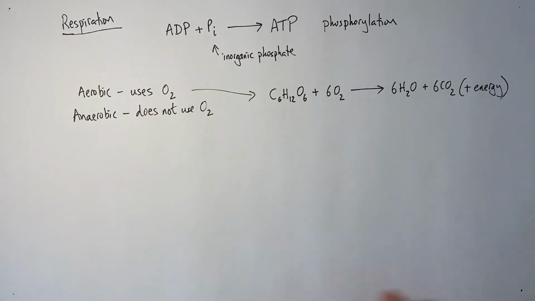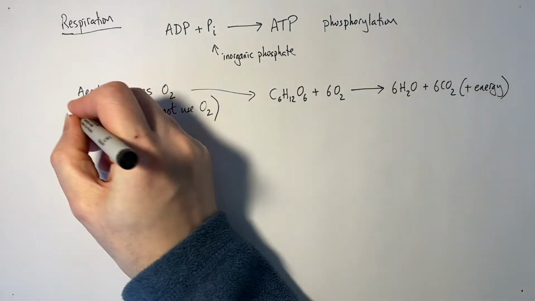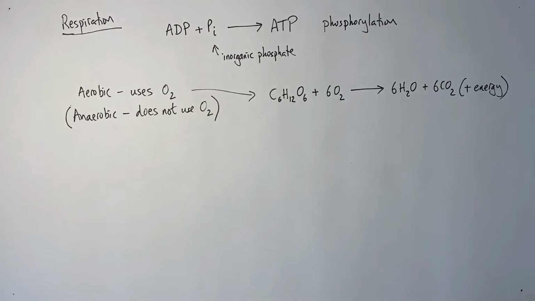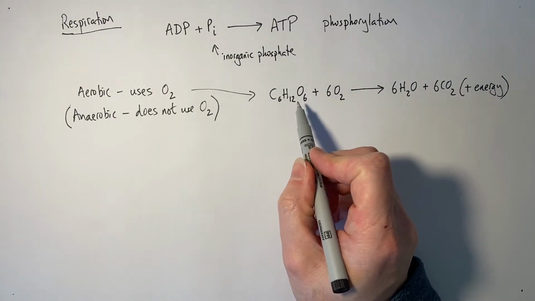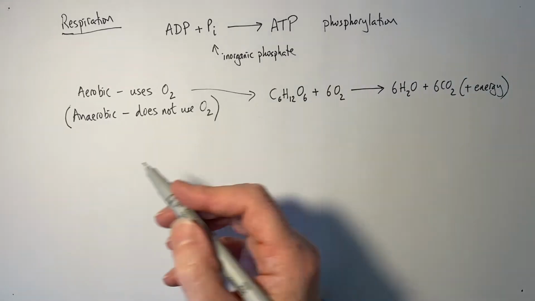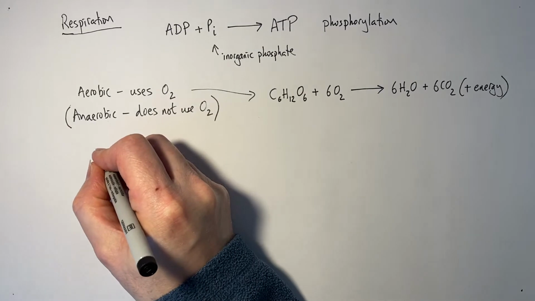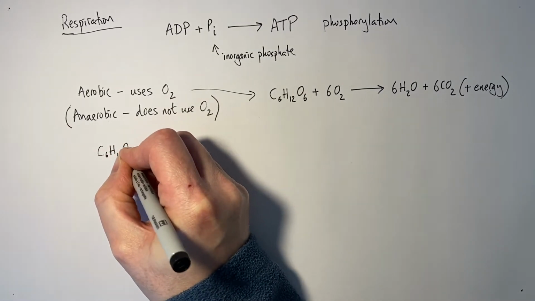But in general, what happens in aerobic respiration, and we'll talk about anaerobic respiration a little bit later, is the breakdown of glucose molecules or hexose molecules. So for example, hexose is C6H12O6.